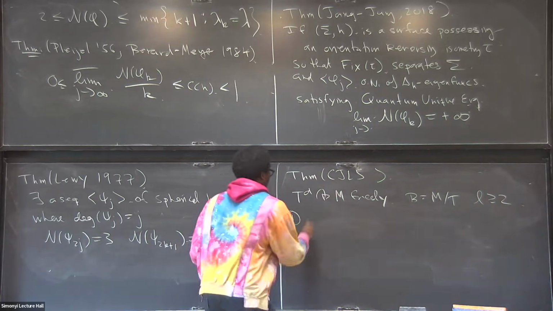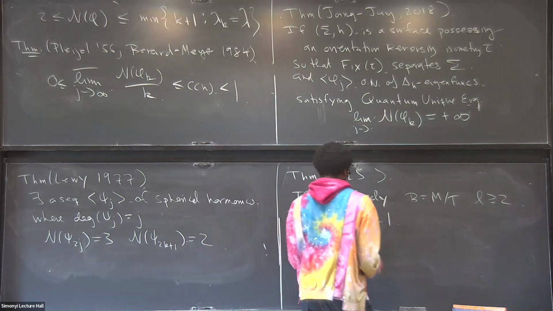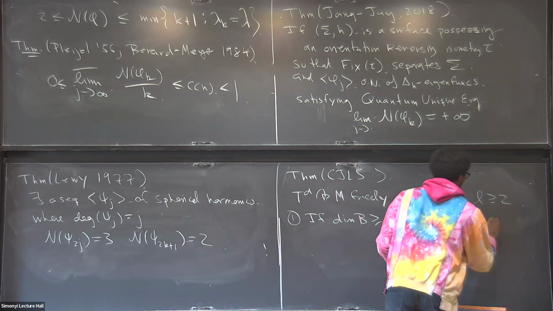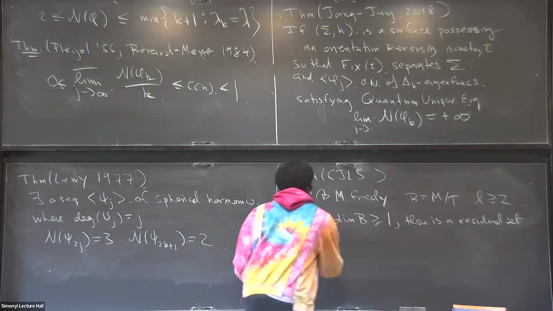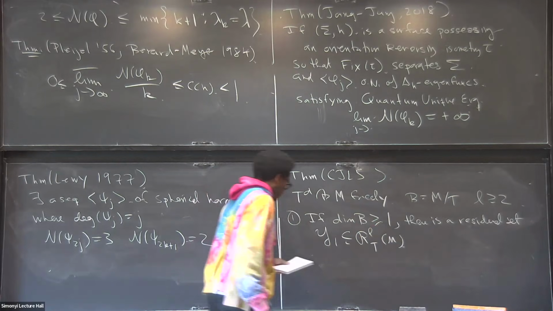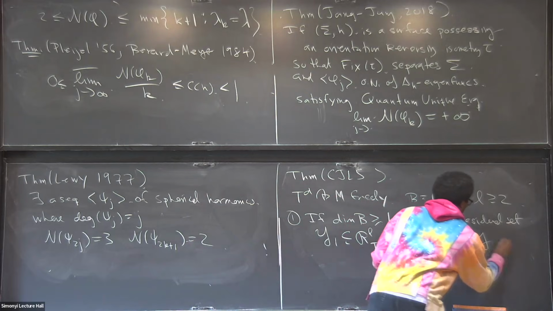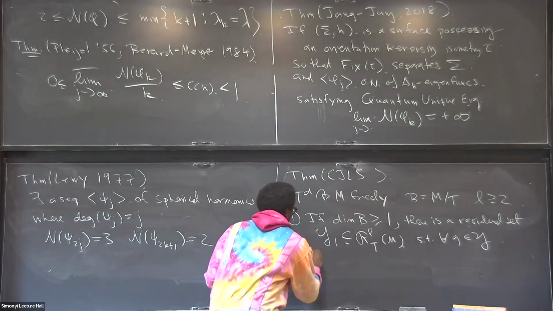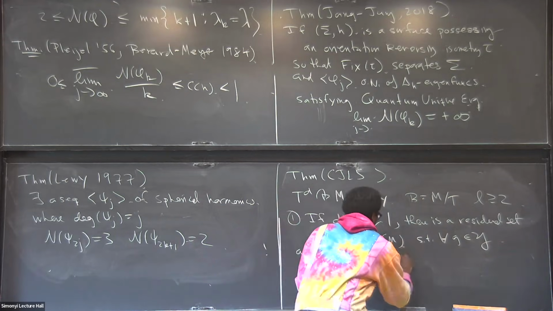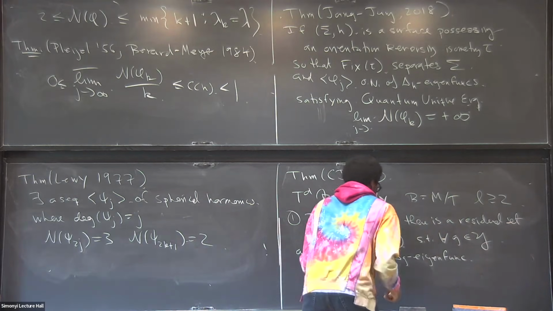The first part is that if the dimension of B is greater than 1, there is a residual set Y_1 sitting inside our space of T^d-invariant C^L metrics, such that for any g inside Y_1 and any non-constant eigenfunction, 0 is a regular value.